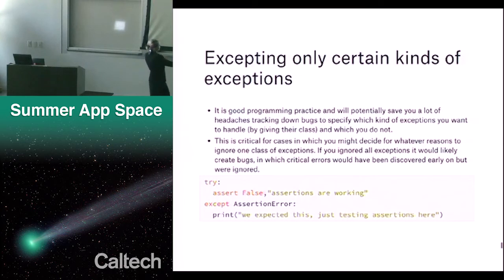So here, for example, if I want to see that my assertions are working, I could try assert false, and if assertions are enabled, then that's always going to have an exception, and then I'll except AssertionError, and then print, we expected this, just testing assertions here and moving on with our life.